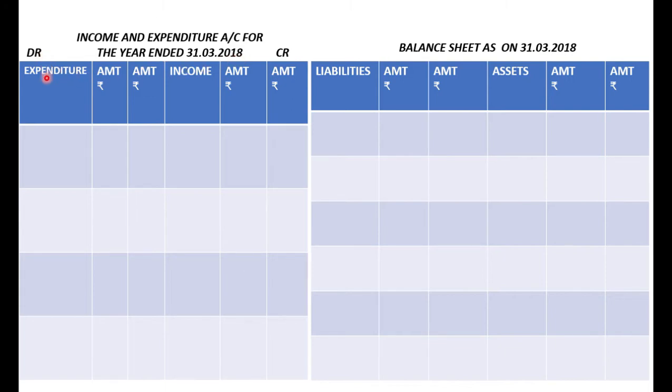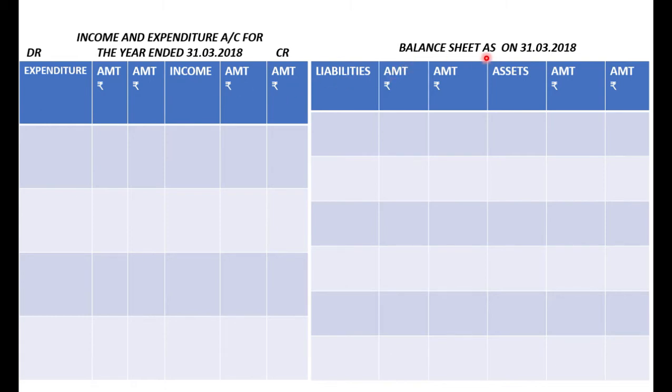Debit side is your expenditure side, credit side is your income side. Students, here the name of the account is income and expenditure account, but your debit side should always be your expenditure side, and your credit side should always be your income side.